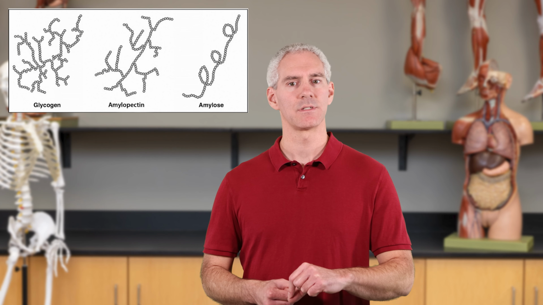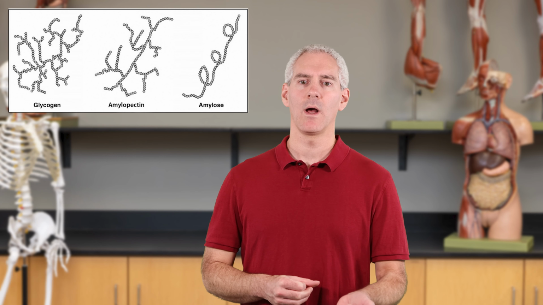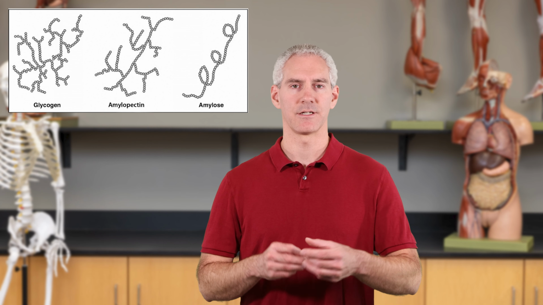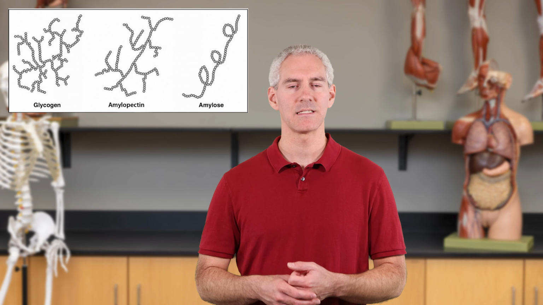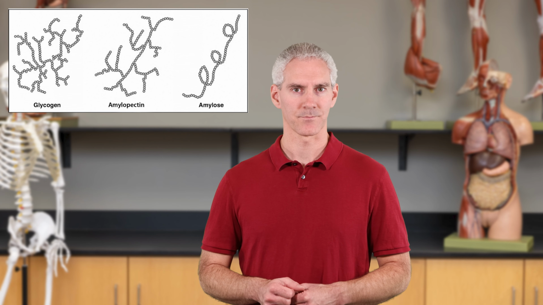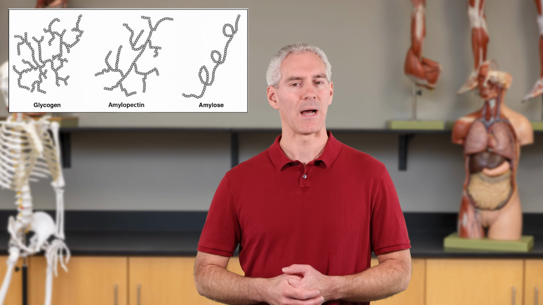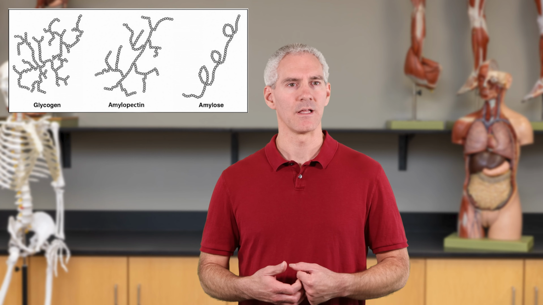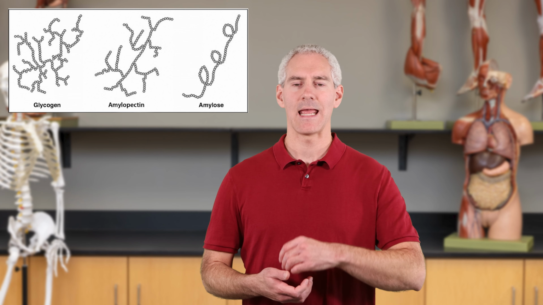Some examples in plants you'll see are amylose. Now this is going to be a linear strand of glucose, as well as amylopectin. Amylopectin is going to be a branching series of glucose. They're both found in plants as a storage unit for glucose. So your plants are storing the energy in these two different types of polysaccharides. Now as humans, or animals for that matter, it's very hard to digest amylose and amylopectin.